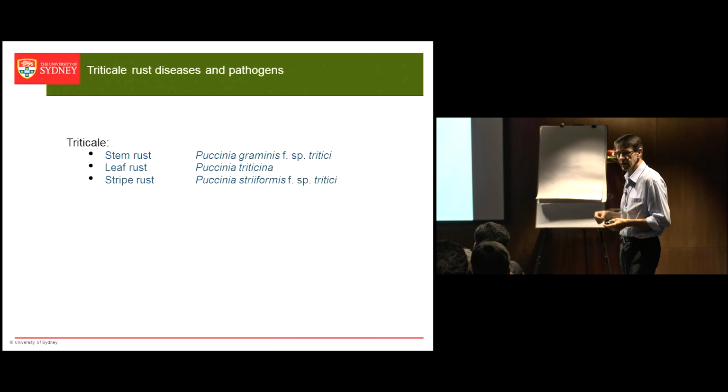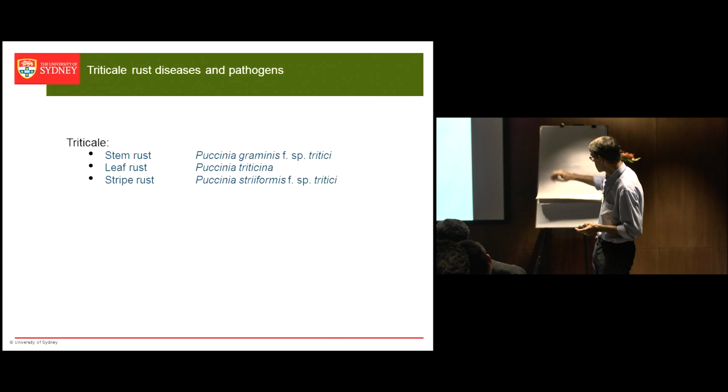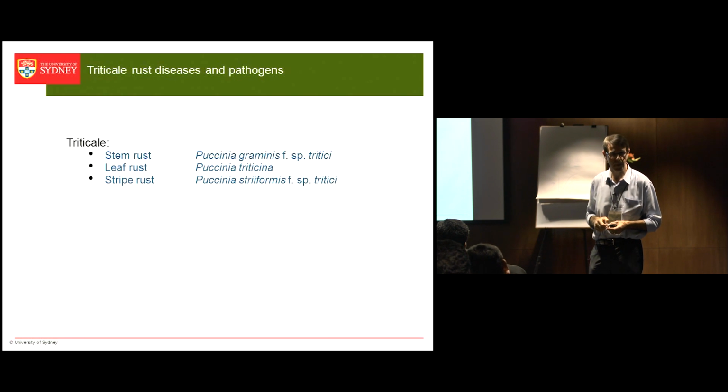And wheat leaf rust, Puccinia triticina, will also infect triticale, but it's not a big problem. But what we've seen, particularly in Australia in the last 10 years, is stripe rust emerged as a major problem on our triticale crops. And it was the evolution or the acquisition of virulence in the wheat stripe rust pathogen for resistance genes in triticale that caused that.